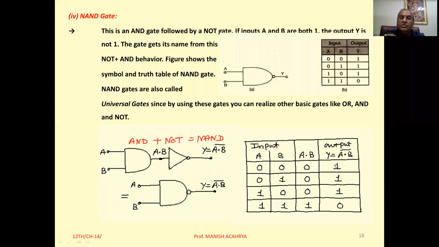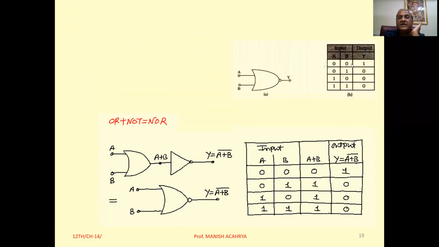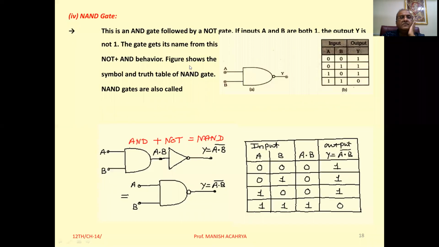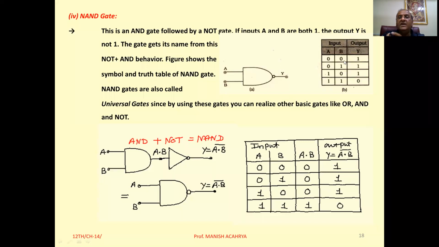So 0 to 1, 0 to 1, 0 to 1, and 1 to 0. It implies that now finally you can understand this particular one. Okay. So 0, 0, 1, 0, 1, 1, 1, 0, 1, 1, 1, 0.